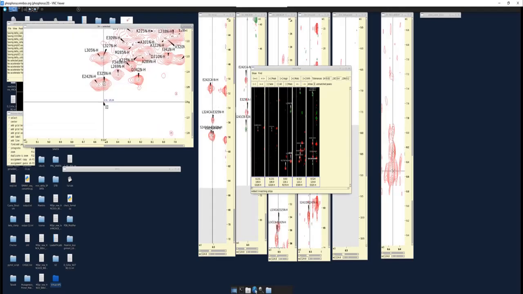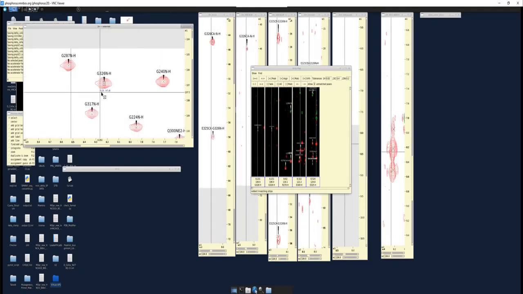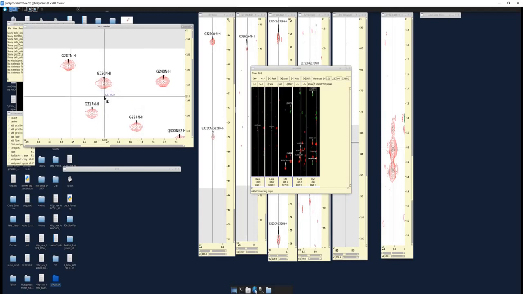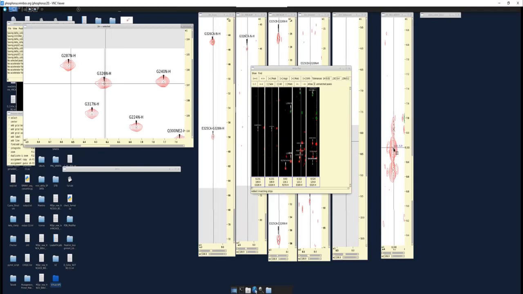You can see this in another way as well. So let me put a vertical bar here. And let's go back to that glycine that we were looking at, and let's put a vertical bar here, right? So let's look at this NOESY.